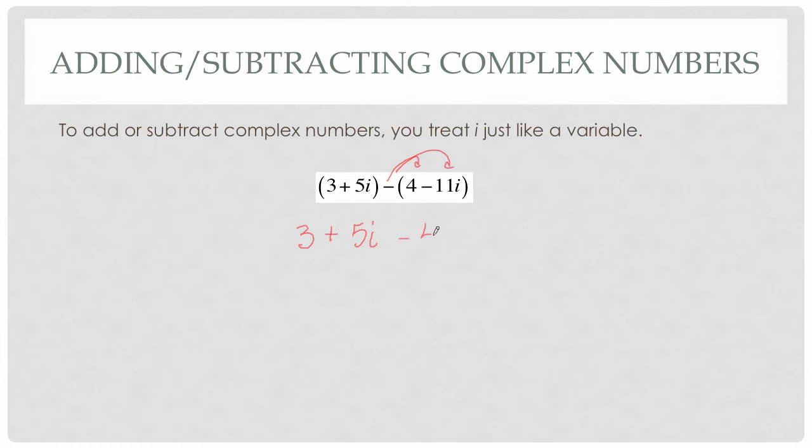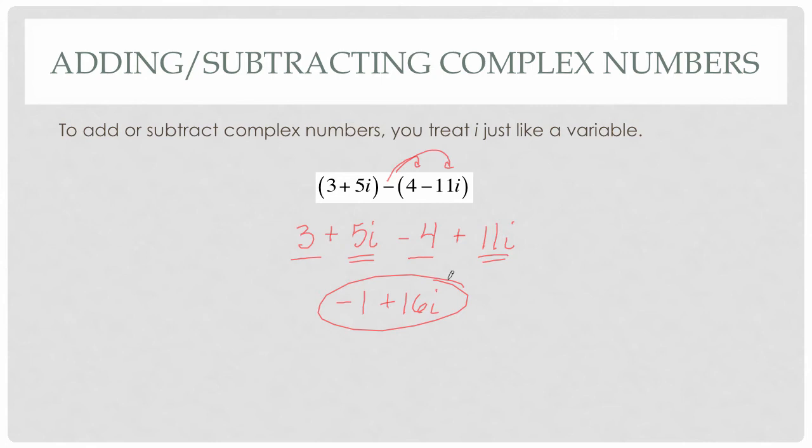So I'm going to subtract 4, minus a negative turns into plus 11i. And watch what we could do. I can combine like terms just like I would with an algebra problem. 3 minus 4 turns into -1, and the 5i and 11i give me 16i. And there we go. We just successfully added those two numbers together, or well, subtraction in this case.